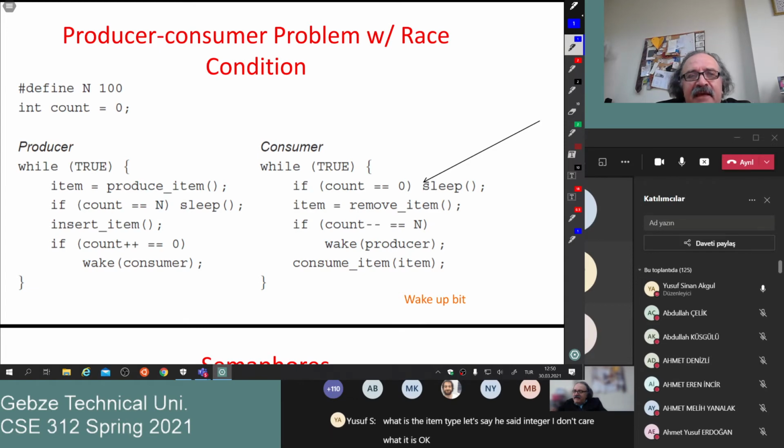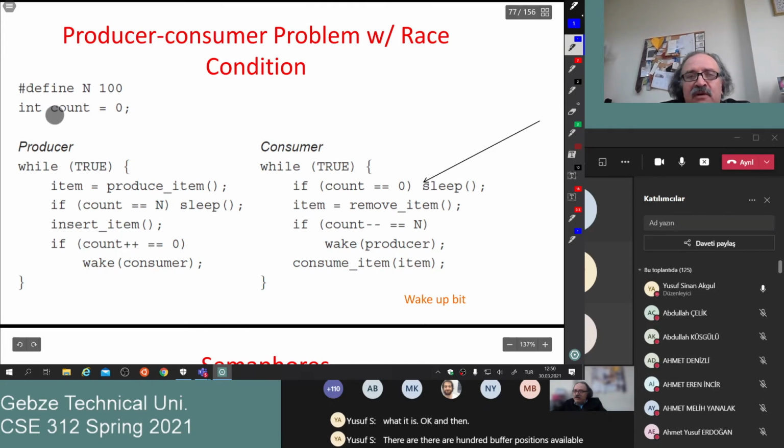There are 100 buffer positions available. Currently count is 0. There are no elements in the buffer. So this is what I do. I produce the item. If the count is n, that means that the buffer is full, so I am going to sleep.